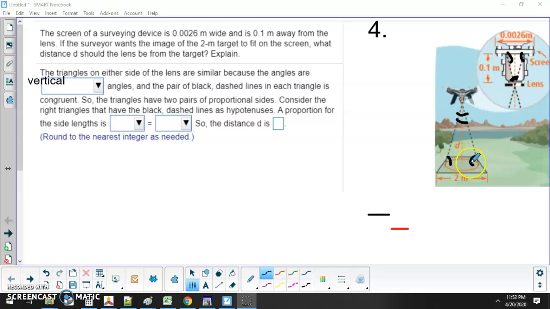The base angles are going to be equal, and that means that all three angles in this bottom part and inside of this surveying device are congruent angles. And what that means is we have similar triangles that are formed. And if we have similar triangles, we have pairs of proportional sides.